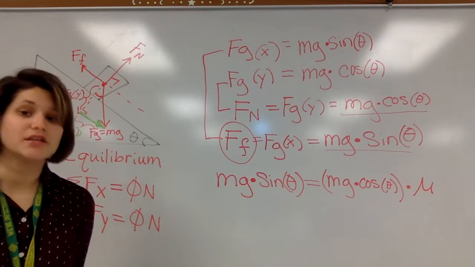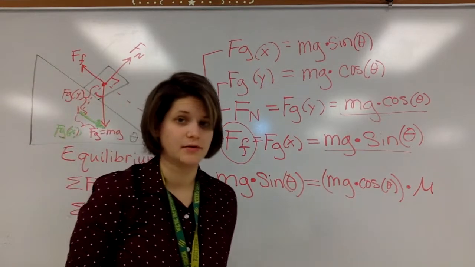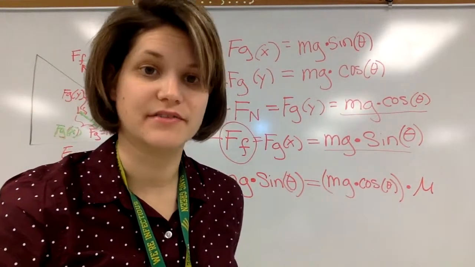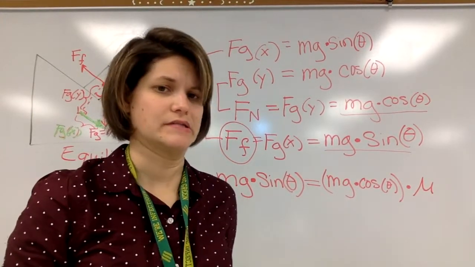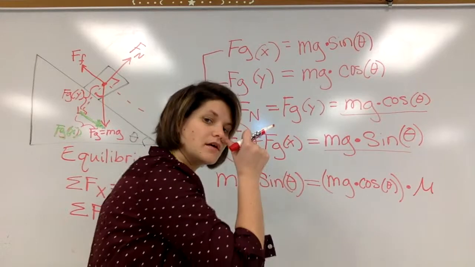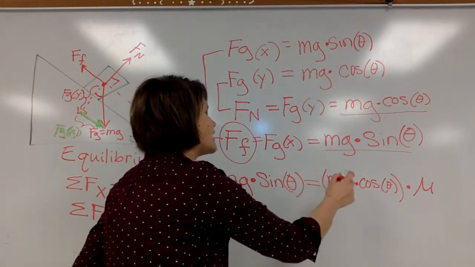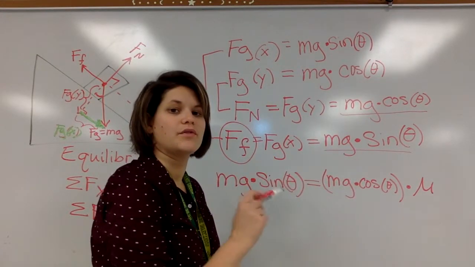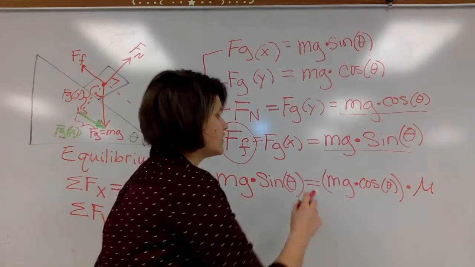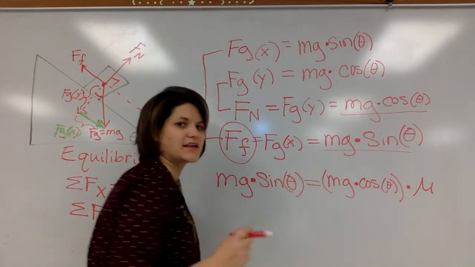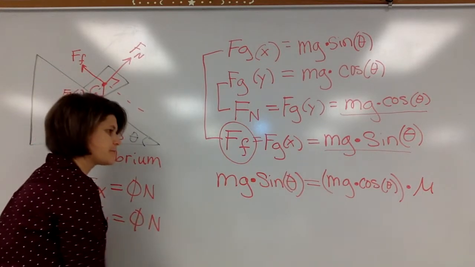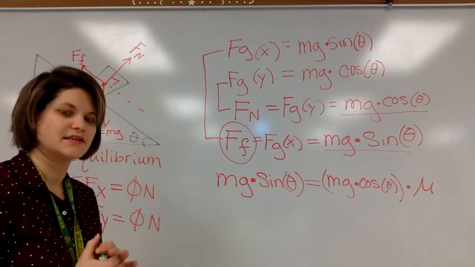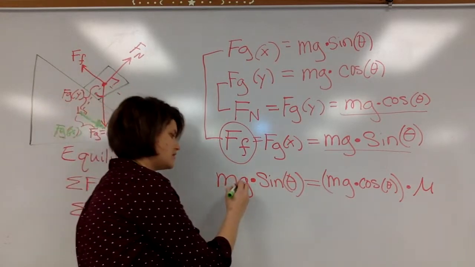If I only know mu, for example, 0.25, let's say. I think that's one of the examples on here. Or maybe that was your quiz. I'm starting to forget. And I need to find the angle. Well, the relationship then between these, we can actually start canceling some things out. First thing that you might notice that's the same is mg.